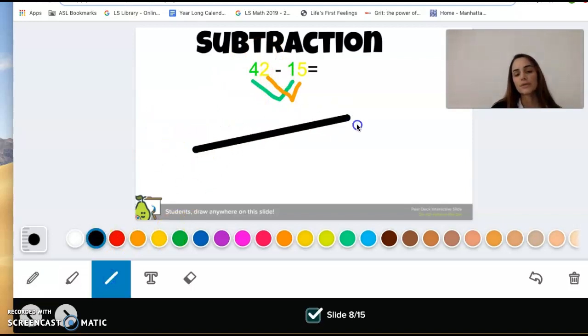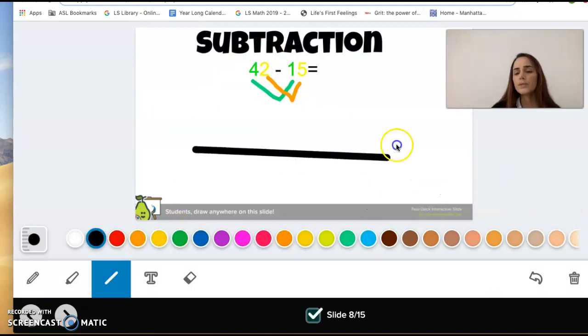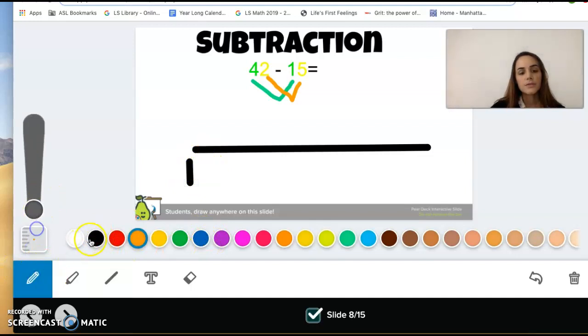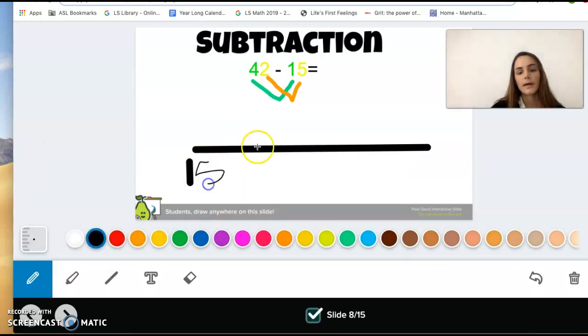So for subtraction, something that always works is to use the counting up or counting back strategy. So I'm going to use 15 and 42. And you can either start from 15 or from 42. It's up to you. What is really, really important is that you use the one that you feel confident with, and then you make jumps.